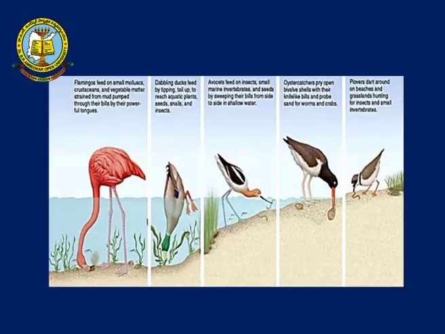In the same way, if you can see the birds over here, you have some flamingos which can filter feed within the shallow waters, and they eat some mussels and small fishes present in them. But a little bit further from the shallow waters, you find these ducks, which can go upside down to collect small insects.